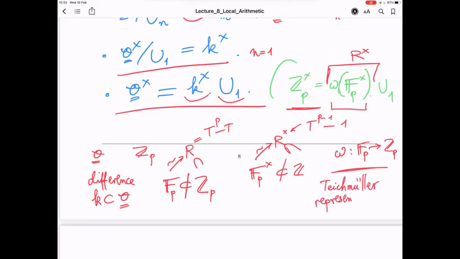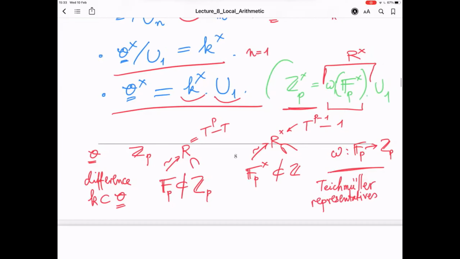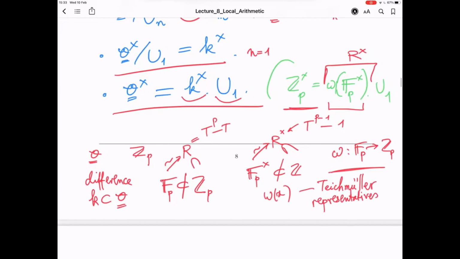Omega x is the Teichmüller representative of x. So this is in Zp. Anyway, let's come back to our O star. The units are just little k star times U_1.